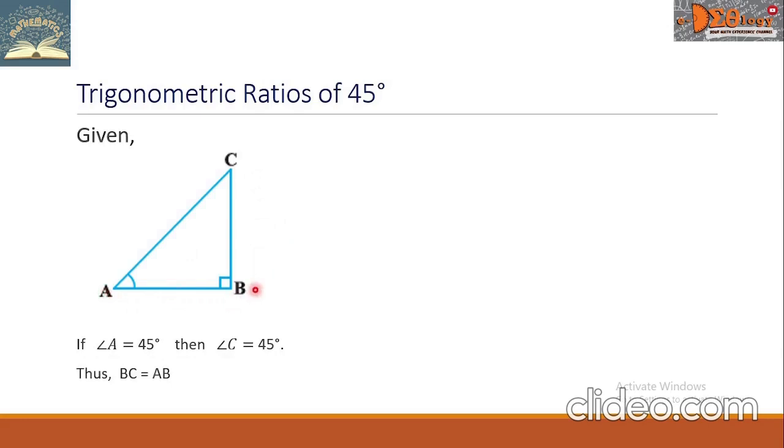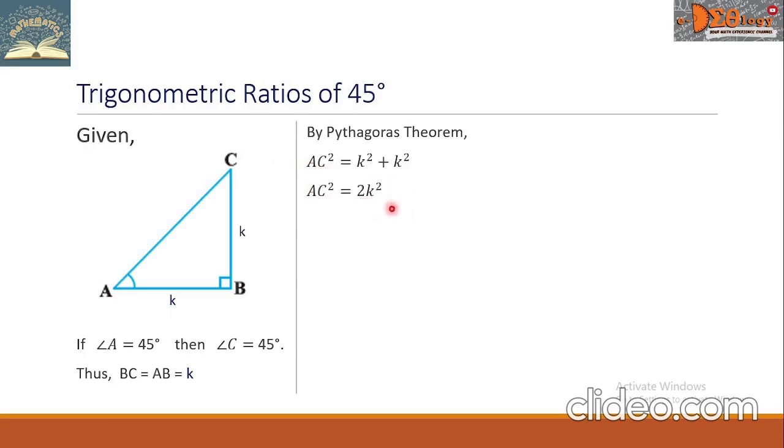Suppose we assign values for these equal sides. Say equals K. So we write here K, and here also is K. By Pythagoras' theorem, we can get the value of the hypotenuse. That is the AC. So, the square of AC equals K square plus K square. The right side is now 2K square.